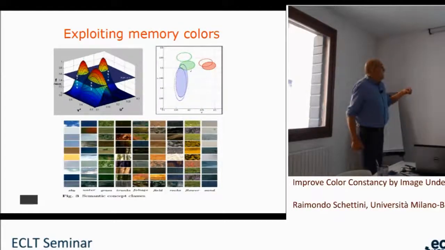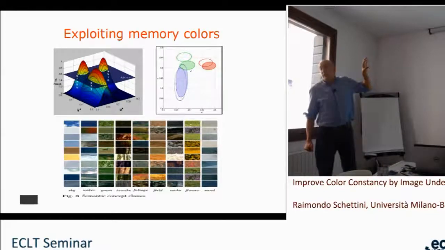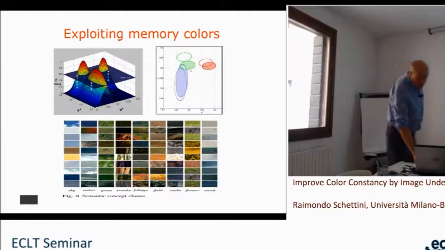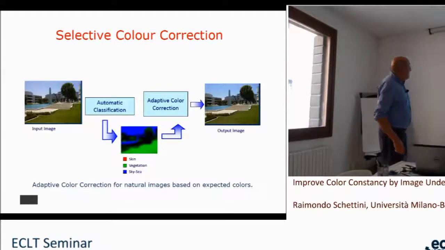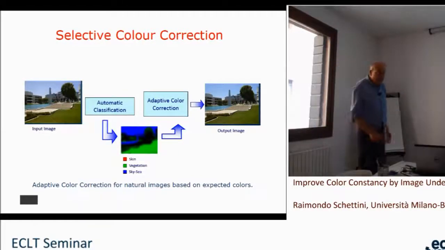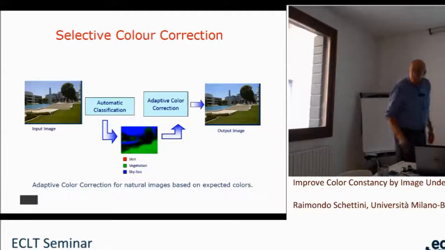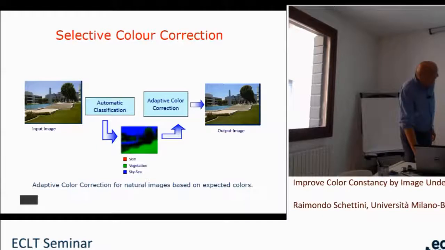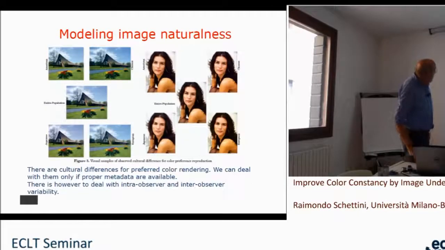This means that you should be able to detect, for example, in this case, the green, the sky, and the skin, and use the skin, the sky, the grass, etc., for transforming your images. But this may also create another important thing in which you can use image understanding and modeling.